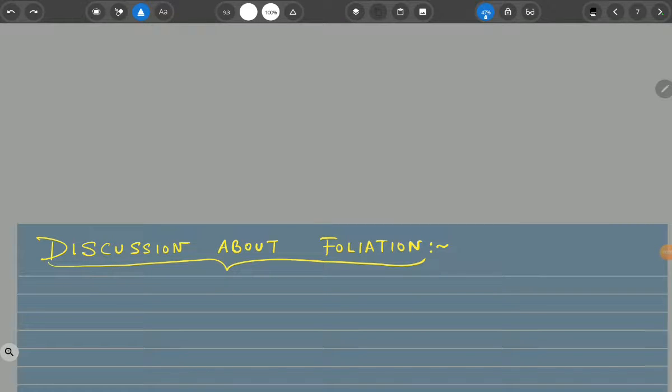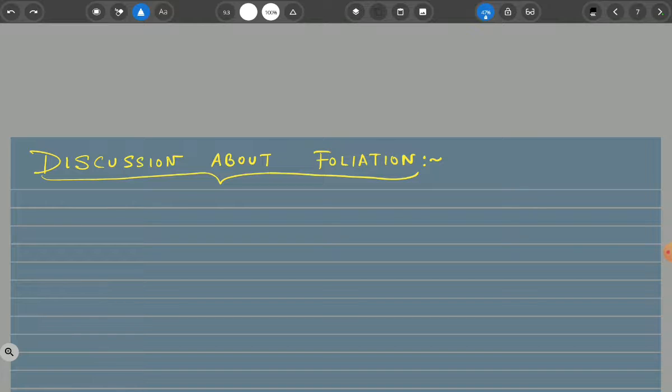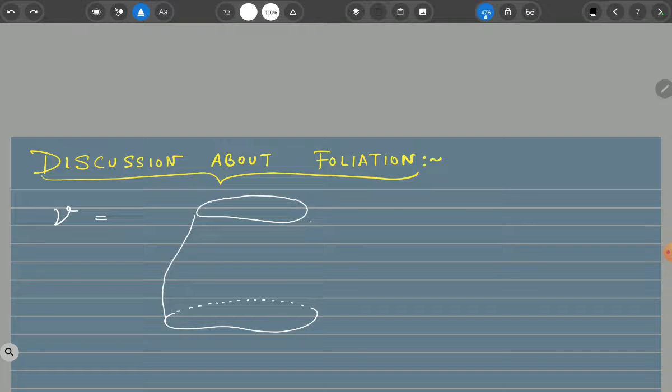So we are going to discuss the foliation. First of all, let us draw the space-time volume V. A space-time volume V, as we had discussed, is this generic surface, in which this one is the three-dimensional hypersurface sigma T2.